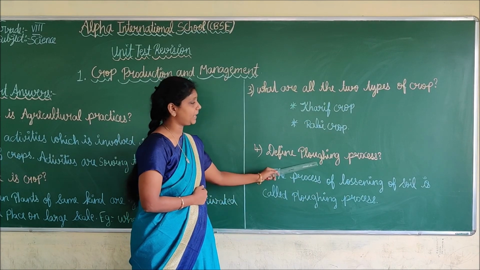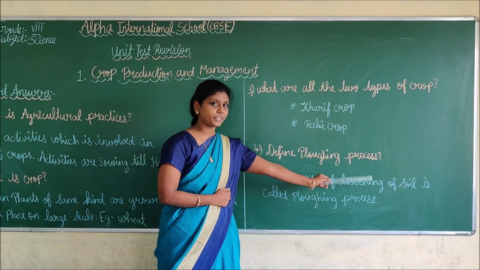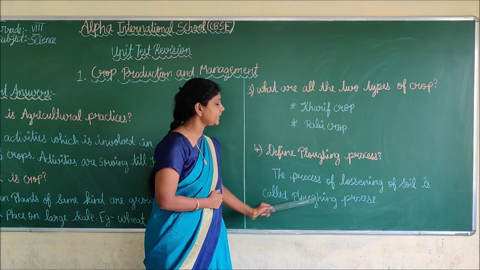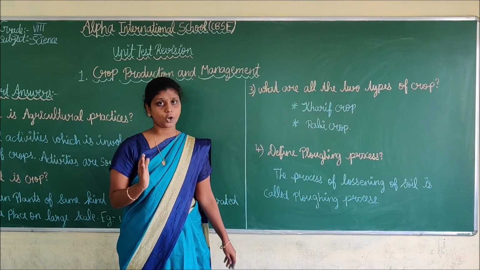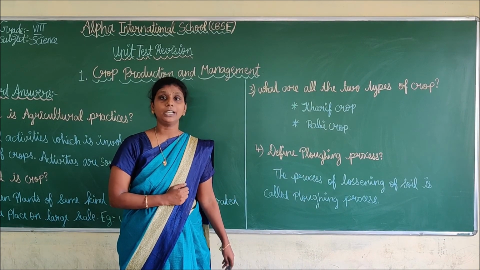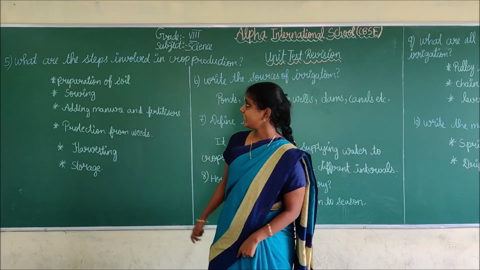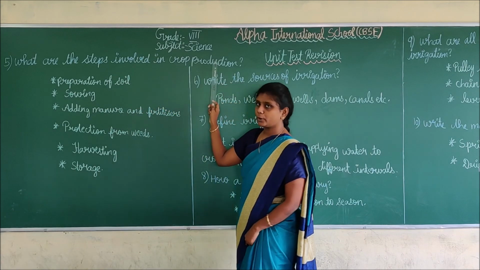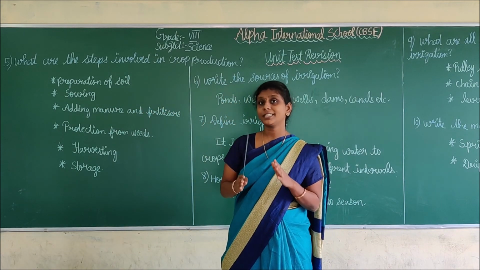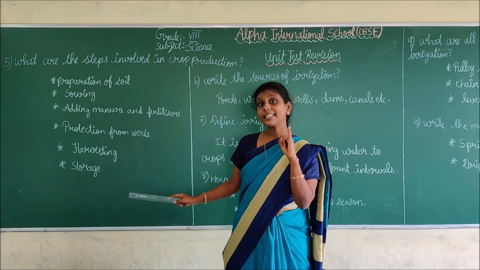Next, define ploughing process. The process of loosening of the soil is called the ploughing process. Next, what are all the steps involved in crop production? There are 6 steps.